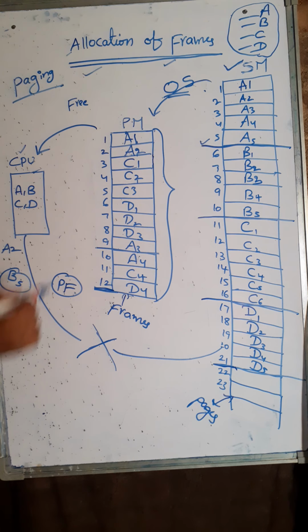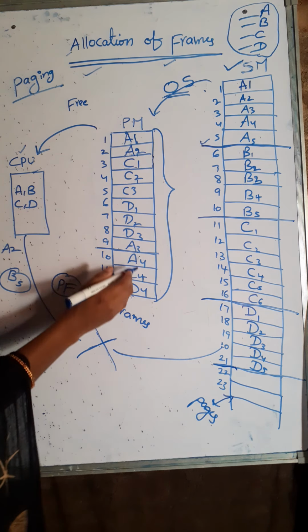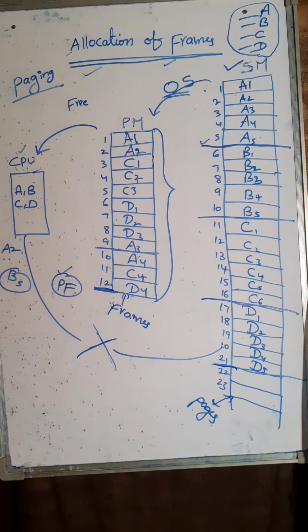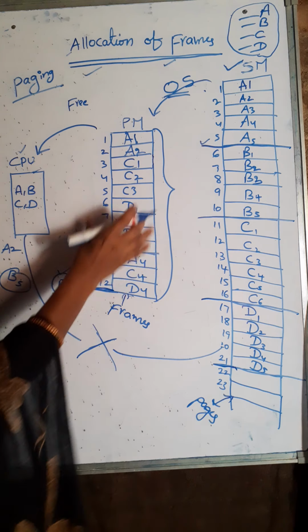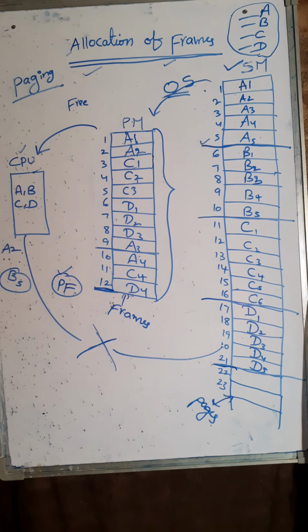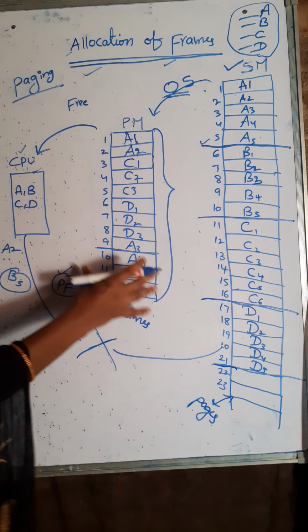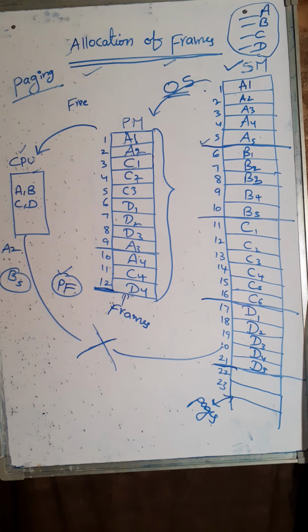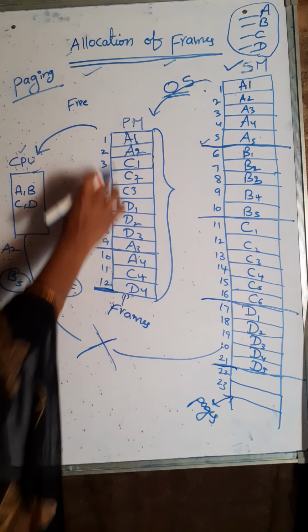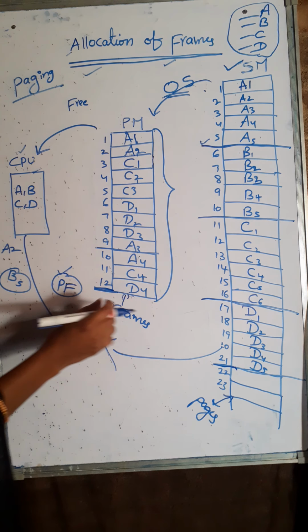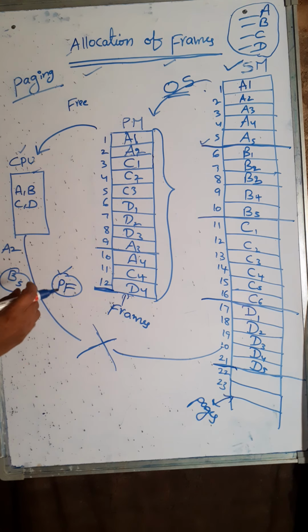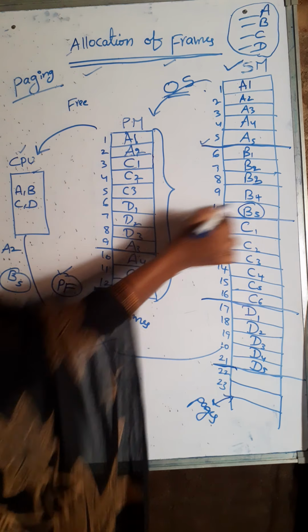If you observe, B5 is not available in the primary memory, so we can call it a page fault. When there is a page fault, we should load that page into the primary memory, right? But here, the entire primary memory is full. So now we should choose one page among these pages, deallocate the memory space of one frame, and allocate memory space for B5.